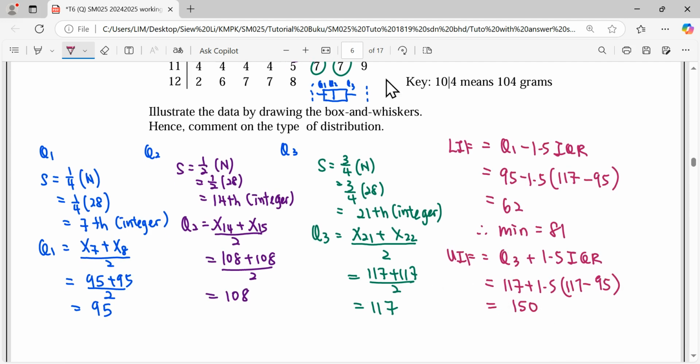After we get 150, you can see we don't have any data beyond the value of 150, meaning we don't have outliers. We conclude we don't have outliers, and the maximum data we can accept is 128.